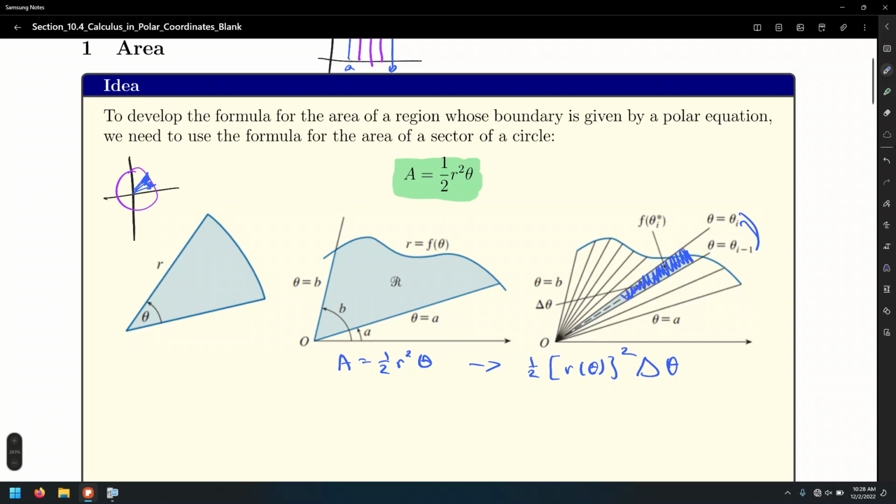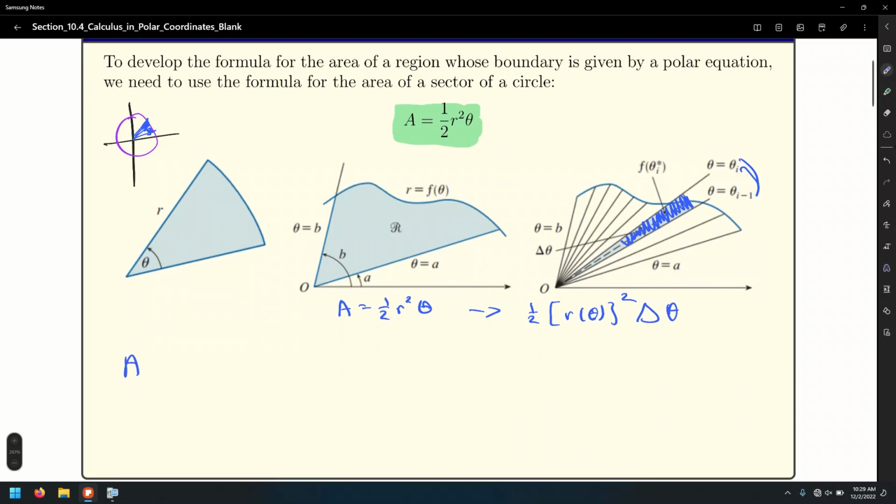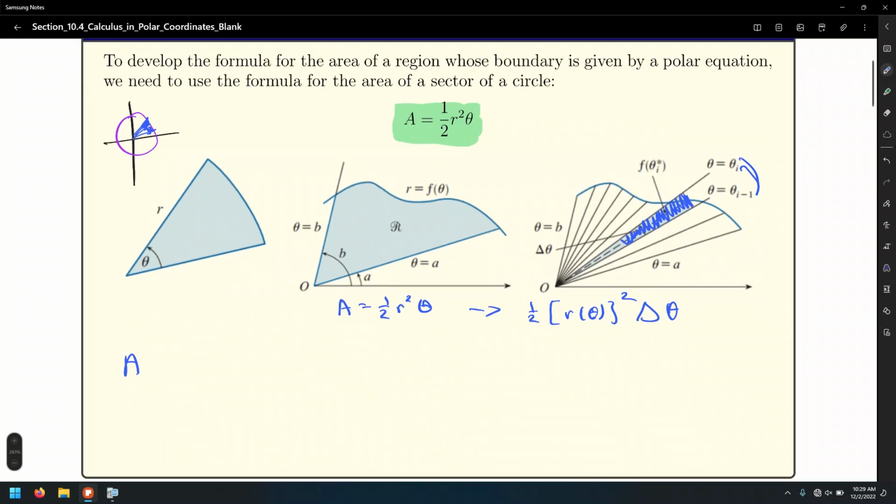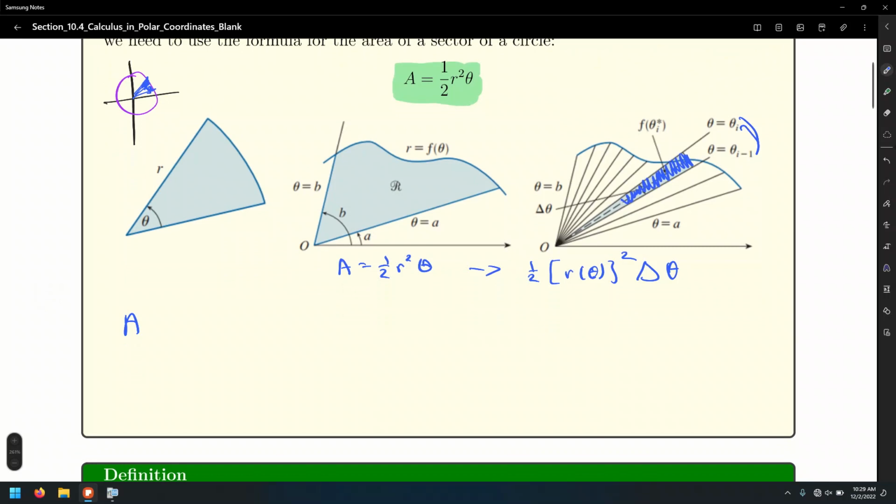add infinitely many areas of those sectors. That is, in this case, the actual area is approximately the sum from i equals 1 to n of 1/2 f of theta sub i, quantity squared, delta theta sub i.